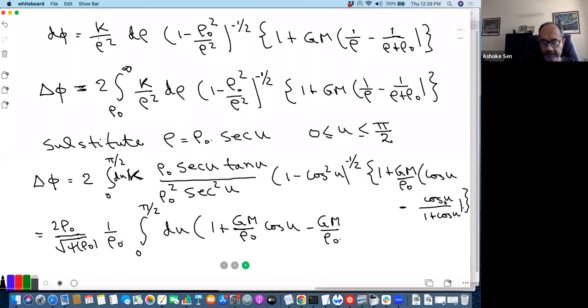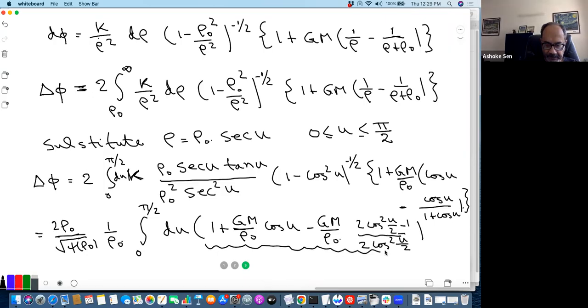I'm going to write cos u as 1 plus 2 cos square u by 2, sorry, 2 cos square u by 2 minus 1. Cos u is 2 cos square u by 2 minus 1 over 2 cos square u by 2. Okay. So this becomes this part.